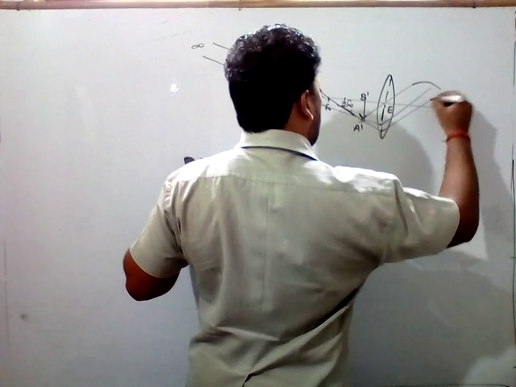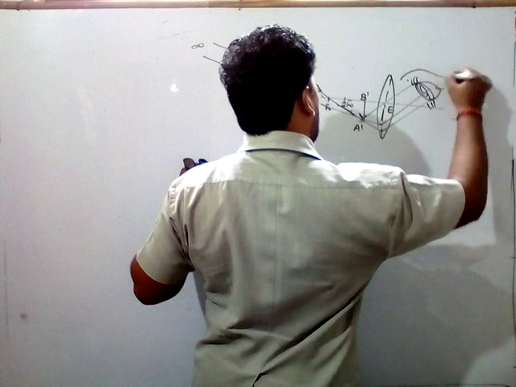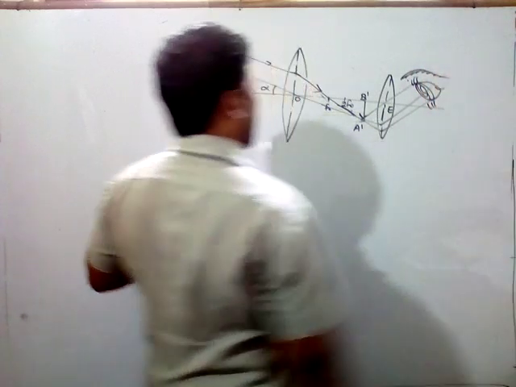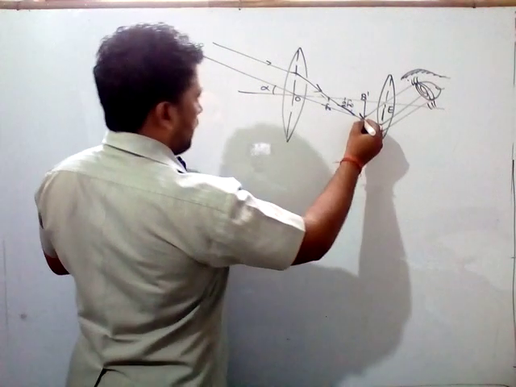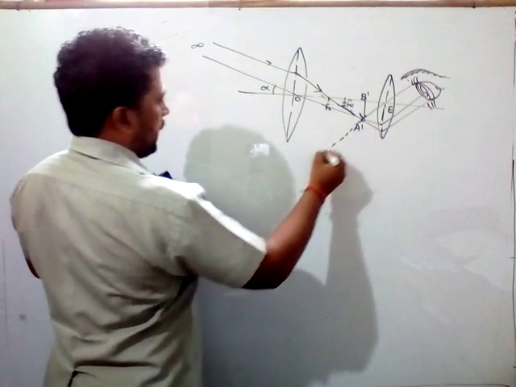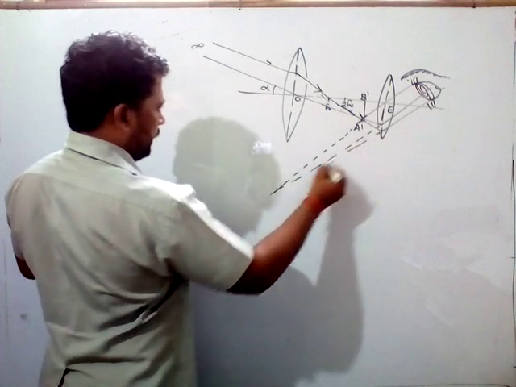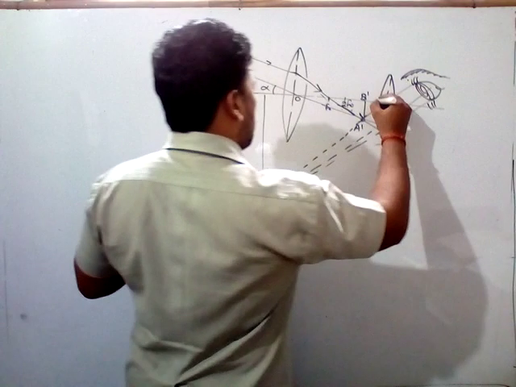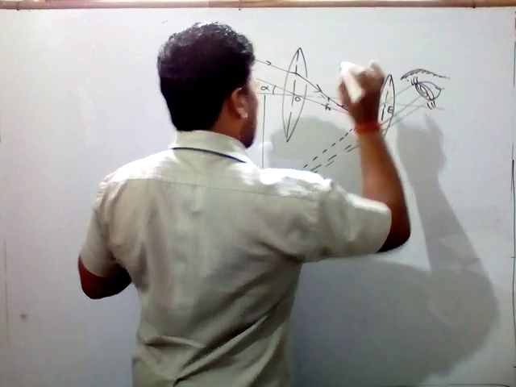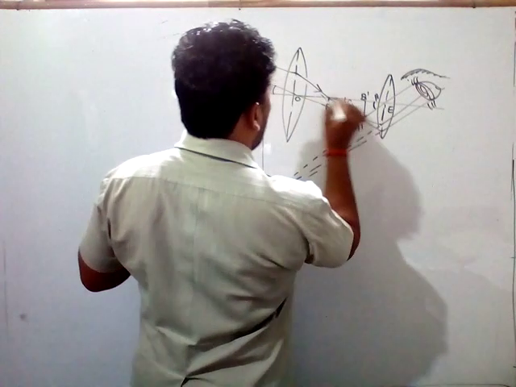For the eyepiece lens, the image is formed at a particular fixed distance like this. So this is the beta angle and this is the alpha angle.